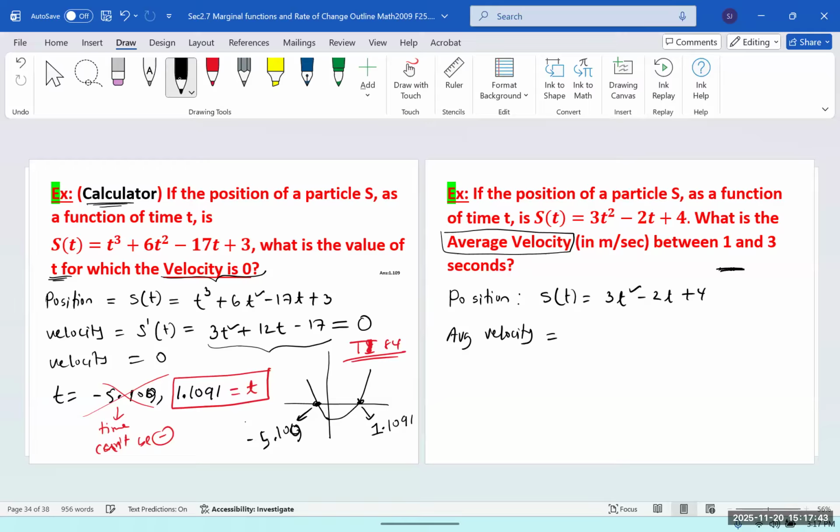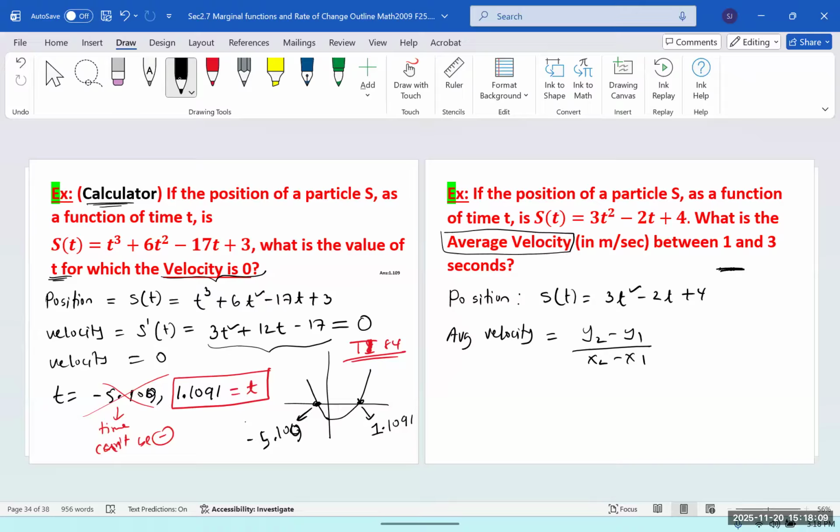What is average velocity? Only velocity is the derivative. What is average velocity? Rate of change. So it's y2 minus y1 over x2 minus x1. Anytime you see the word average, it means the slope of the secant line.